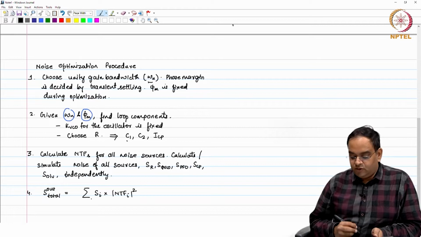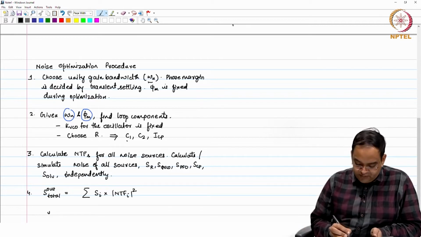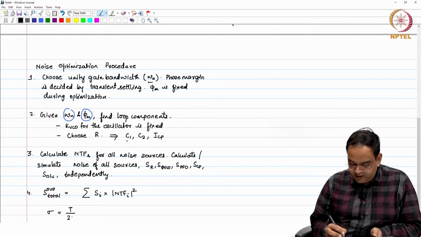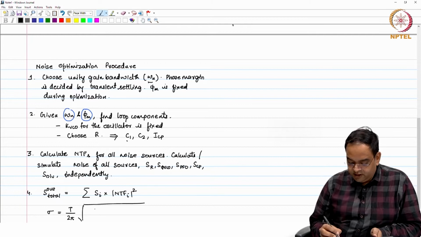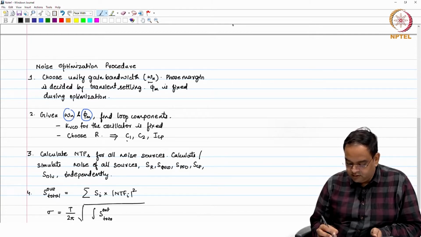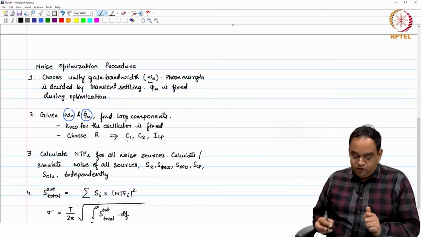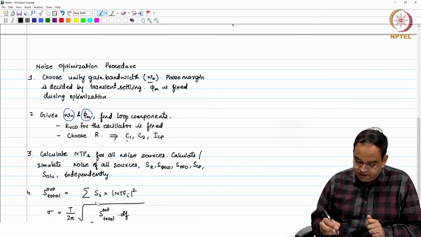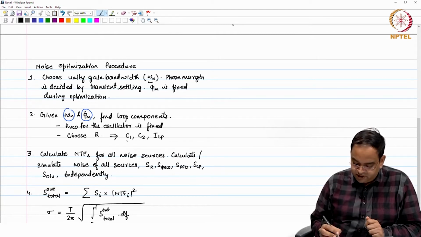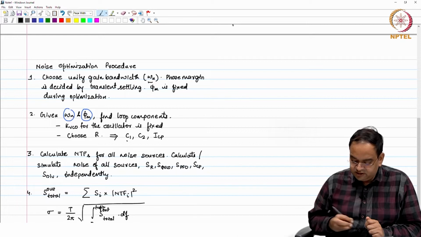Whatever the noise components, you find this out and then you calculate the jitter given by T by 2 pi, where T is the output clock period, into the summation of S out total df, and frequency goes from 0 to infinity, or 0 to f ref by 2 in our calculations, because it is a sampled system.